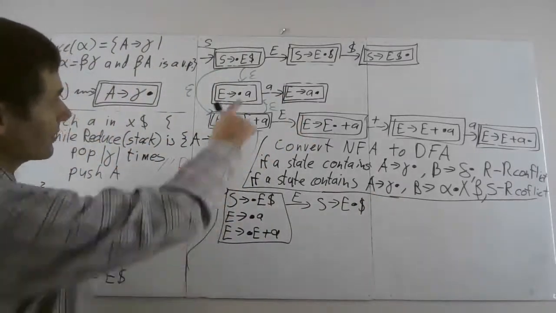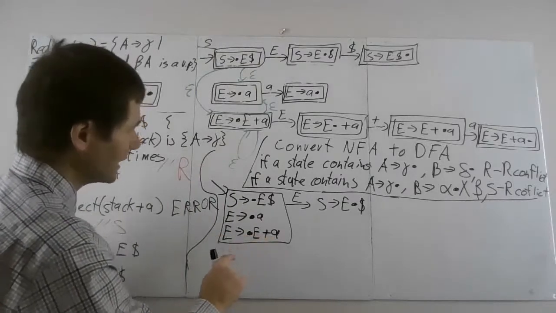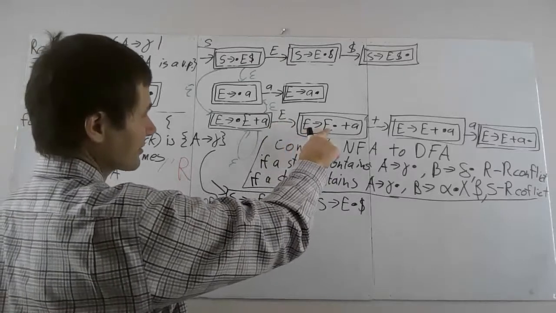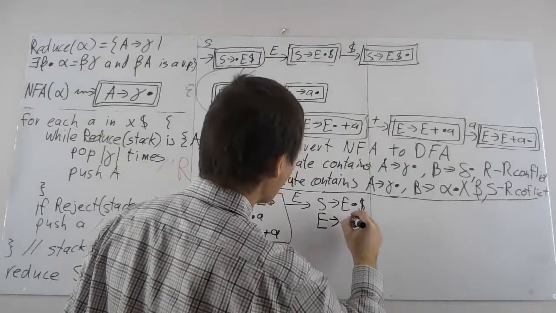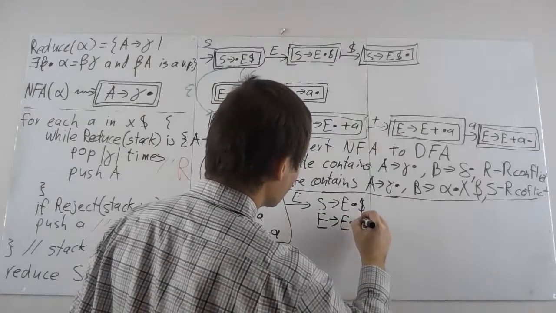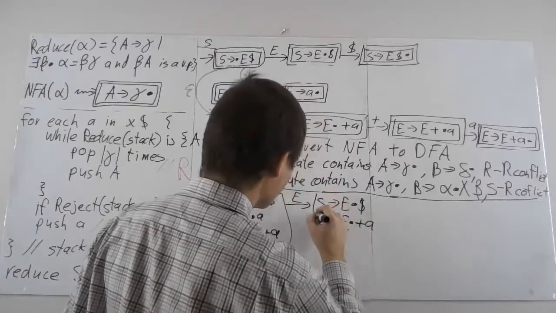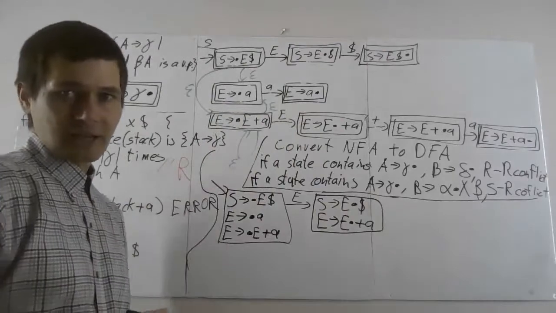But I'm also in the state E goes to dot E plus A. So if I see an E there, I will go to E goes to E dot plus A. So I'm in that state as well. Okay, and so this is my next DFA state.